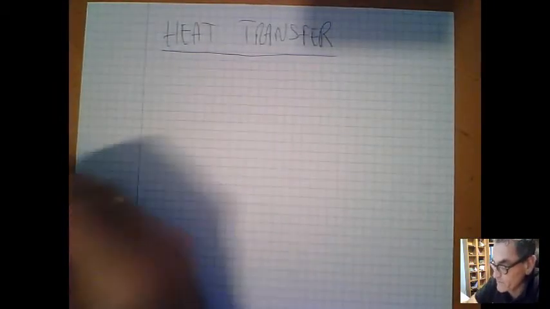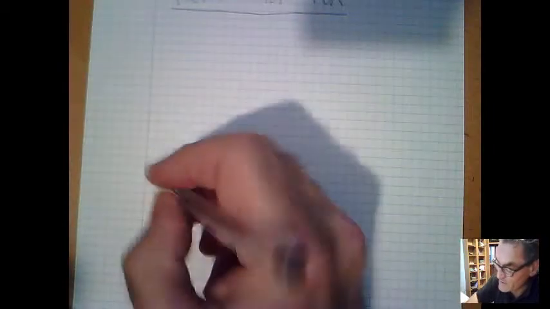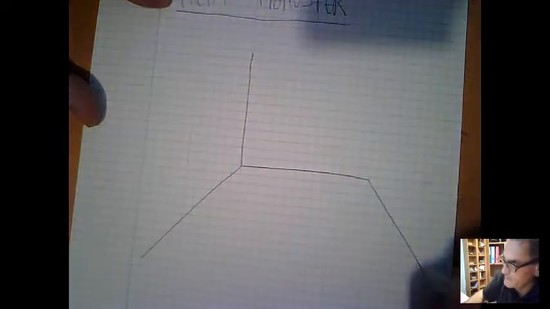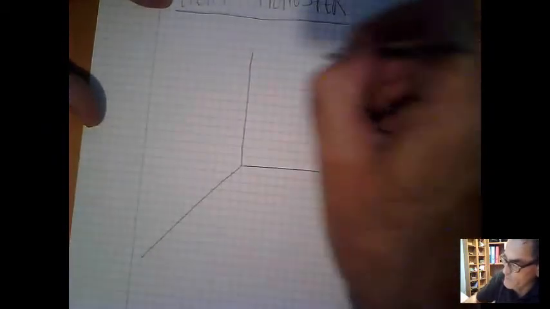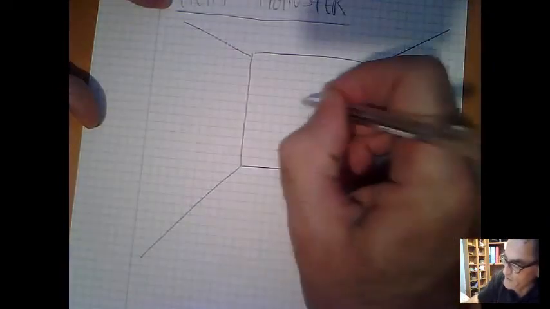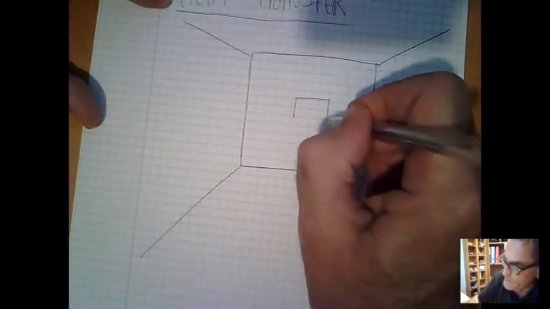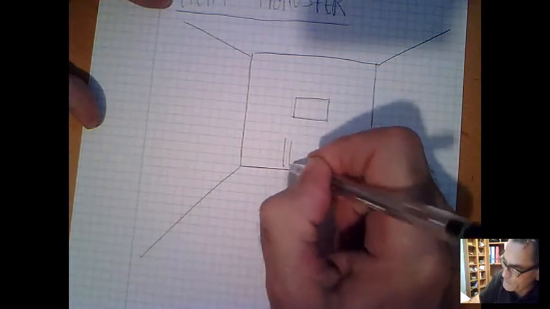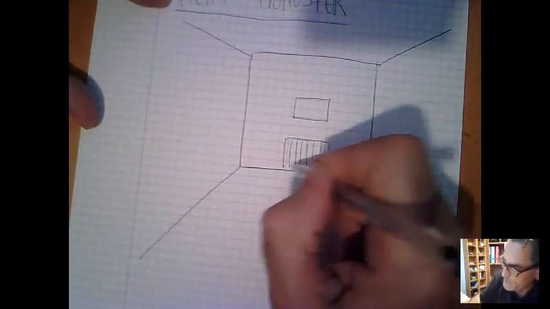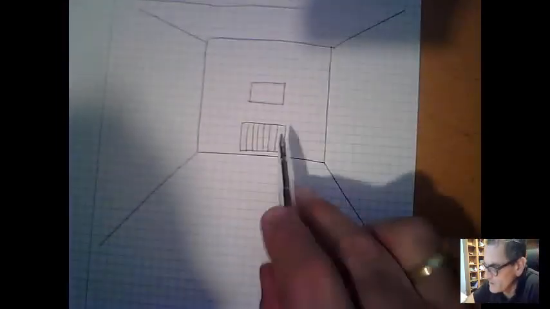Heat transfer. Okay, let's imagine you have, Ali, this is a room which I am drawing with an impressive sense of perspective. This is your bedroom, and under your window, which is not big because you've been a bad girl, and so you're locked in there.